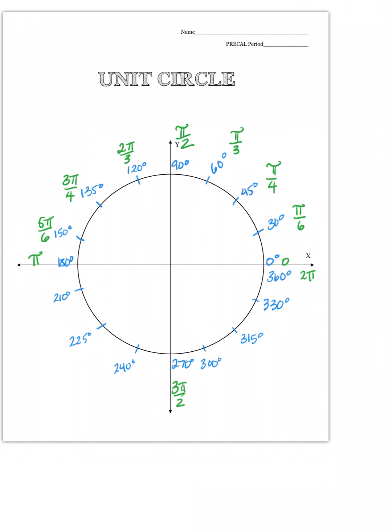Quadrant 3, it will go 7 pi over 6, 5 pi over 4, and 4 pi over 3. And lastly, this one will be 5 pi over 3, 7 pi over 4, and 11 pi over 6.